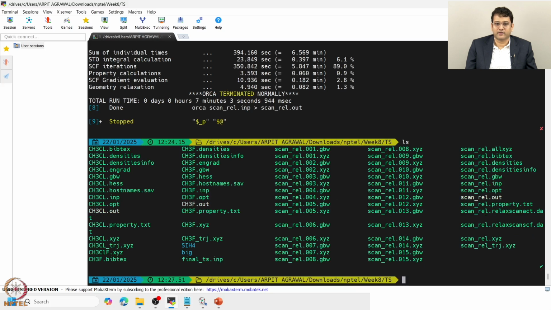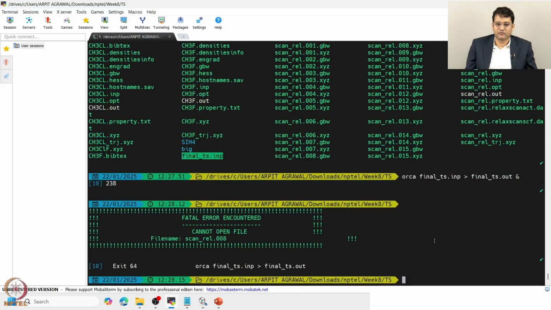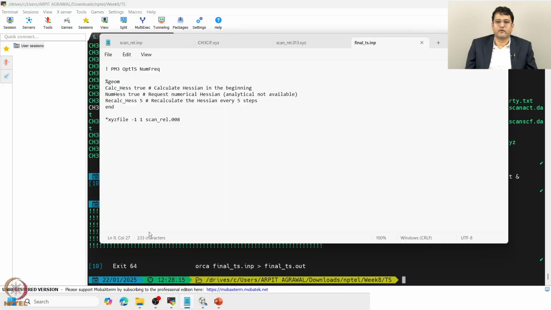Where is my final TS? It's Orca. The usual problems. So it says that scan.rel file is not available. I have not given the name XYZ.